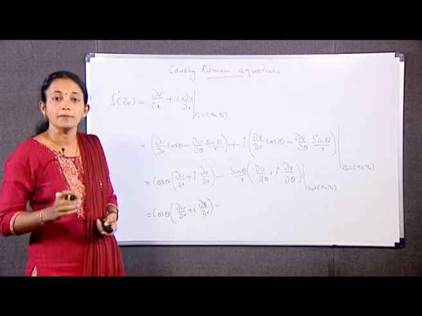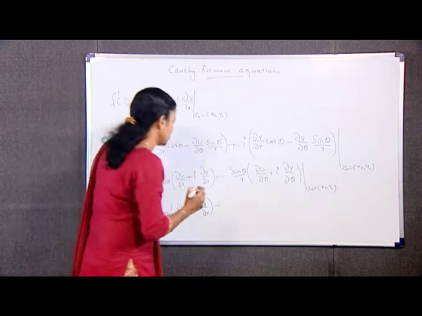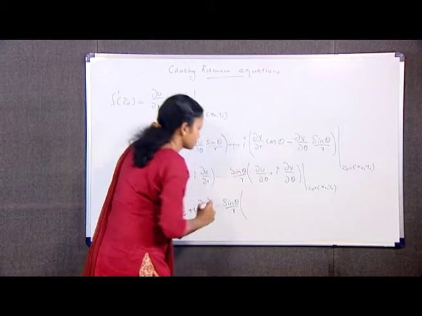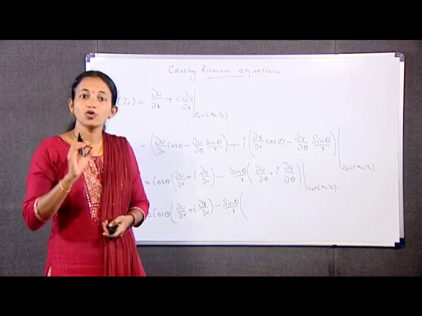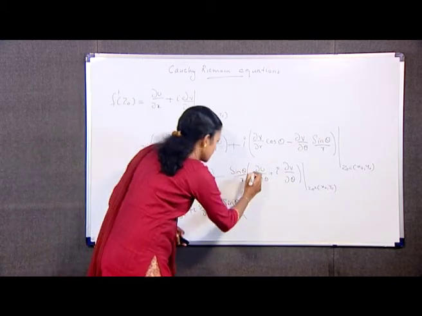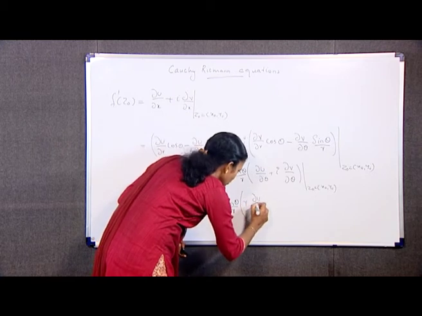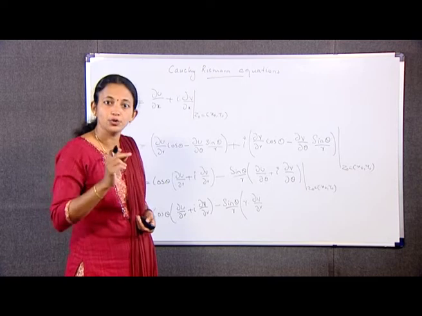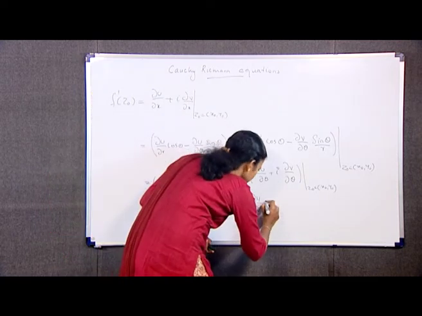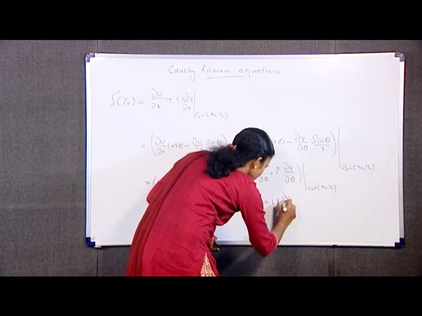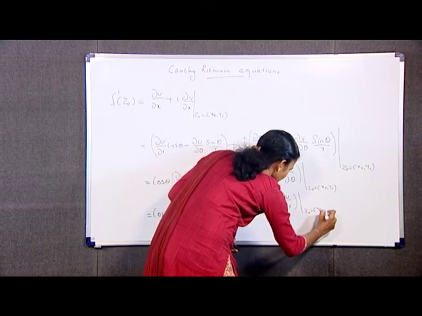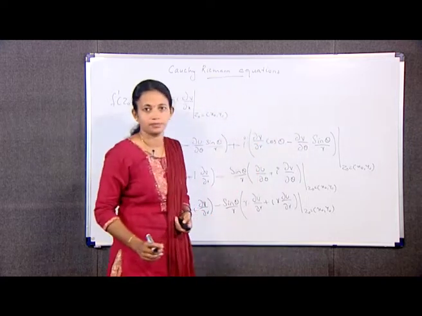Next term is minus sin theta by r into r dou v by dou r plus i r into dou u by dou r, at z naught is equal to x naught y naught.